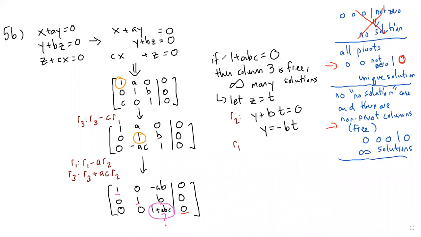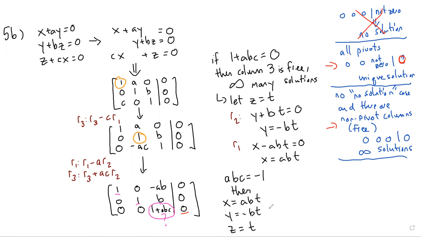And then row 1 tells me that X minus AB times Z, which is T, is equal to 0. So X is ABT. So what we have here, if ABC equals negative 1, then X is ABT, Y is negative BT, Z is T for any choice of T. So this is one answer.